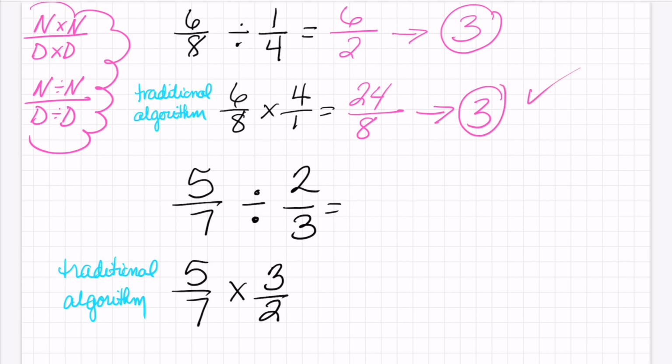So those are easy numbers. But what about numbers that are not easy? For example, 5/7 divided by 2/3. We'll do the traditional algorithm first, where we multiply by the reciprocal. I flipped it, and I know this is supposed to be 15 over 14, which is 1 and 1/14. Now watch what I'm going to do in this example.